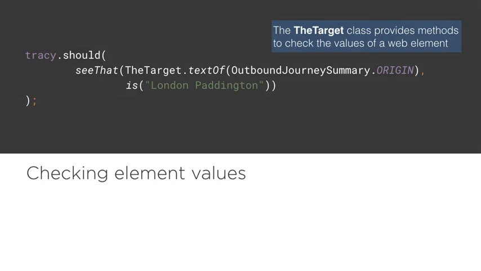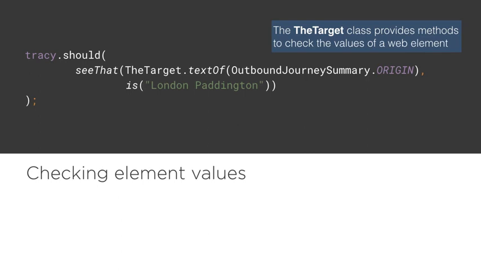So in this case, we have the Target text of, and then we're going to pass in the target object that we saw earlier on, in this case the origin field, and we're checking it using a Hamcrest matcher against London Paddington.